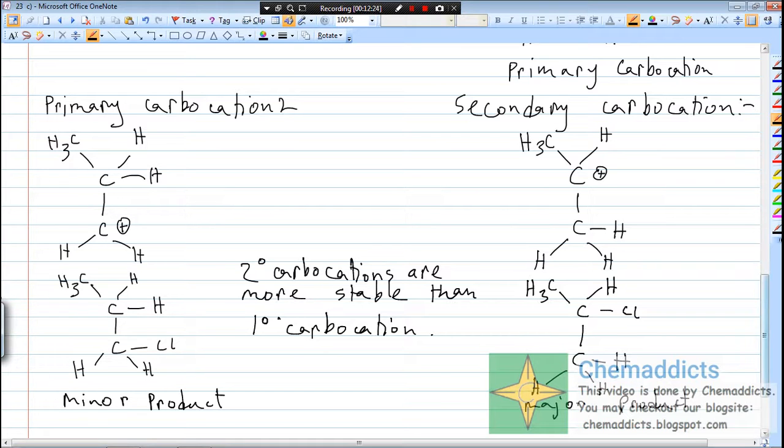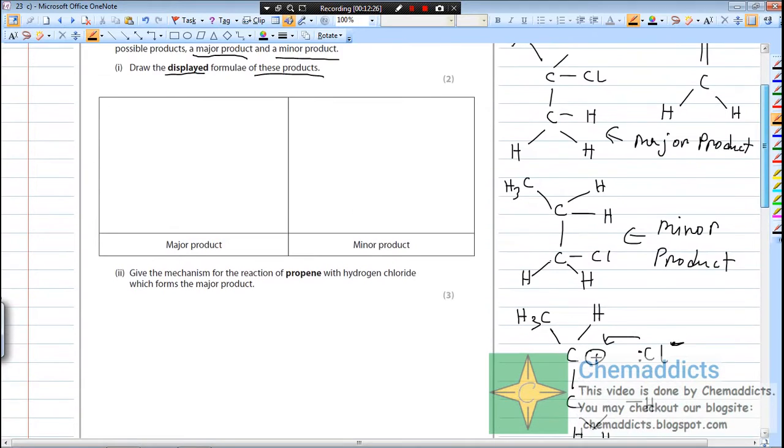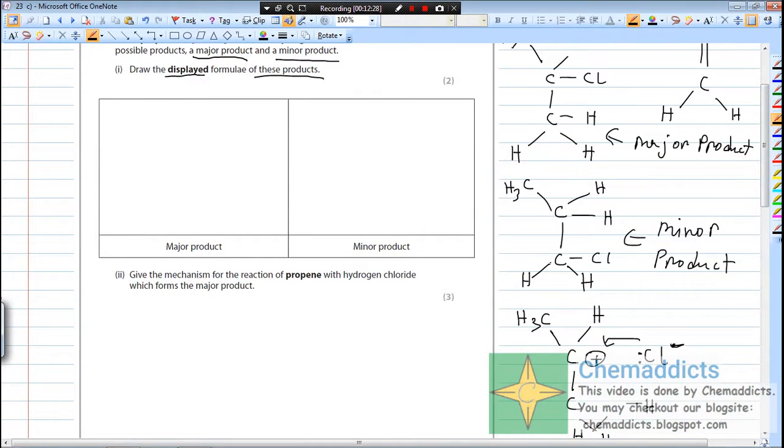Now let's get back to the question. So what would be the major product? The molecule which has the 2 degree carbocation. So at first let us draw the structure for the 2 degree carbocation, then we will attach it to the molecule later on.